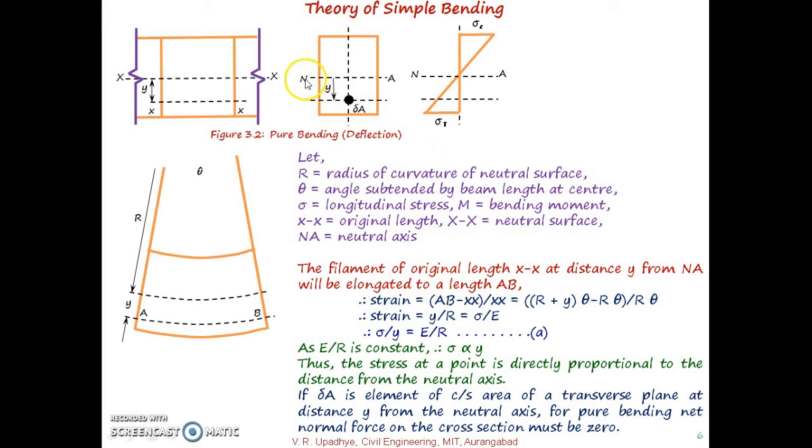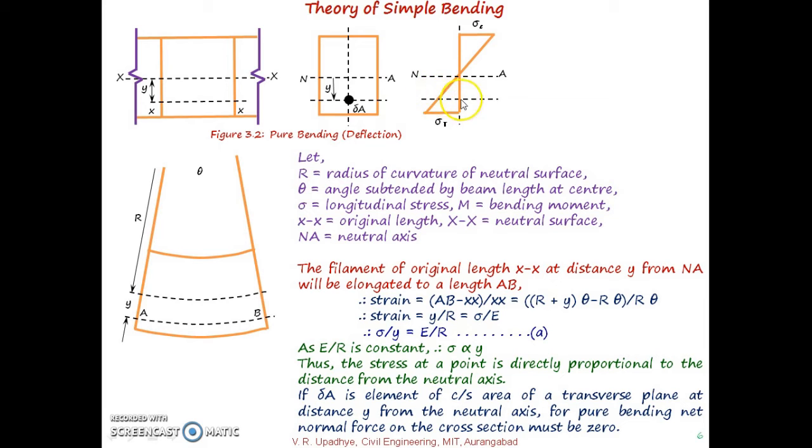Earlier we discussed that above the neutral axis, for example if it is a simply supported beam, the top will be subjected to compressive stress. So due to compressive stress, over that particular area of cross section, we will have a compressive force. And at the bottom of the neutral axis, if it is subjected to tensile stress, then due to tensile stress on the area of cross section where that stress is developed, the force will be tensile.